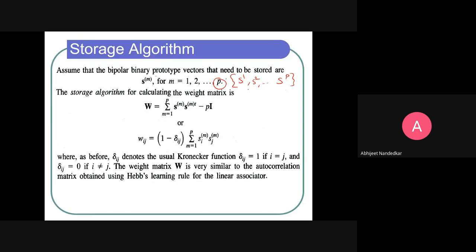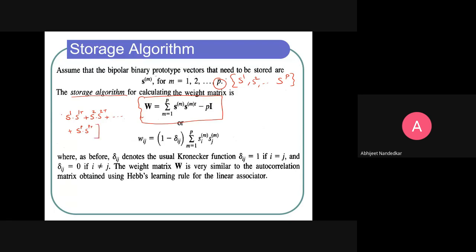So the simple thing is to use this storage algorithm, which is this simple formula. What this means is you take the prototype S1 and multiply it with S1 transpose, which is an outer product, plus the outer product of the second pattern, and so on up to SP, the pth pattern.